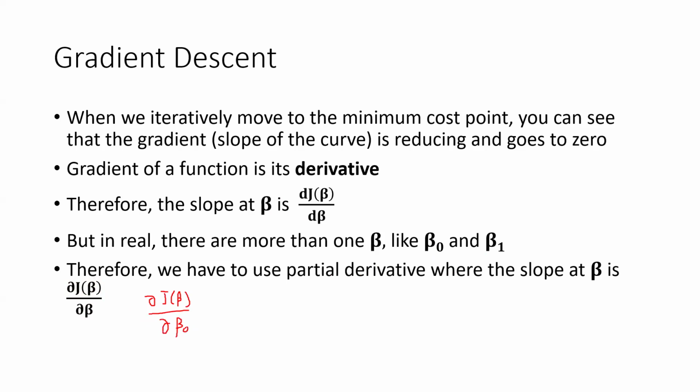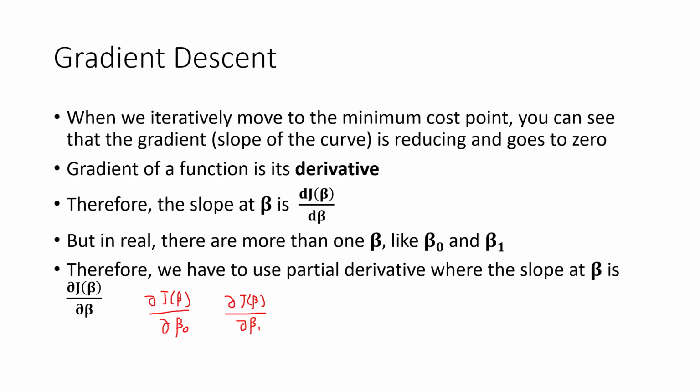Right? If you want to find the slope with respect to beta 1, then it's written as the partial derivative of J(beta) divided by the partial derivative of beta 1. Right?